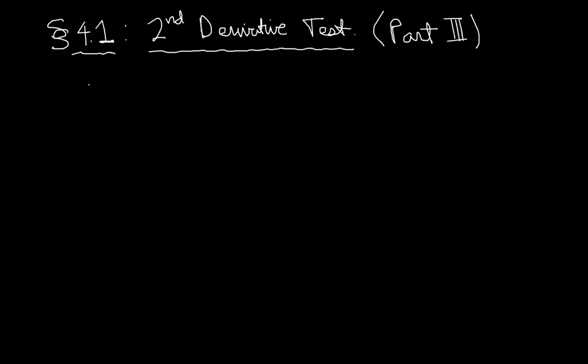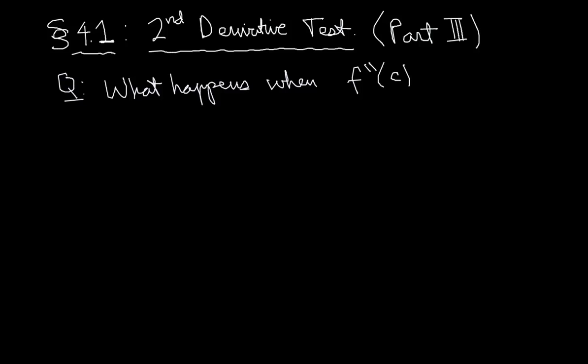So the question is, what happens when f double prime of the critical point is 0? And we're really just going to look at 3 examples. Alright, so let's look at example 1.